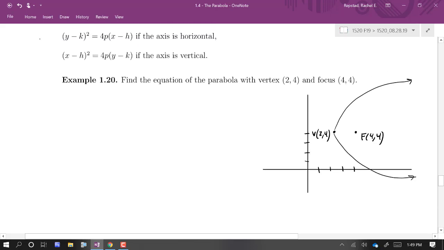So which one of these two equations do we use? Well, they both say y minus k, but the y squared. Yeah, so if it opens horizontally, we're going to use this form.